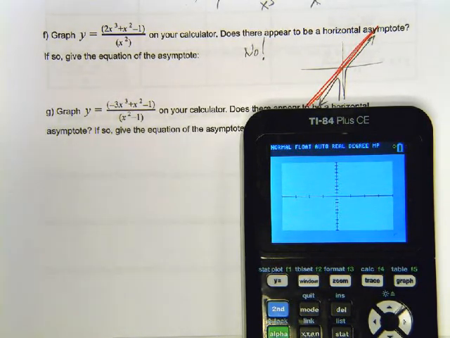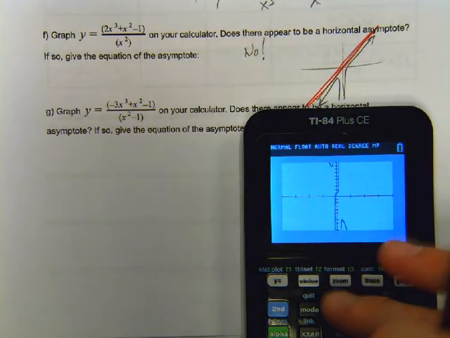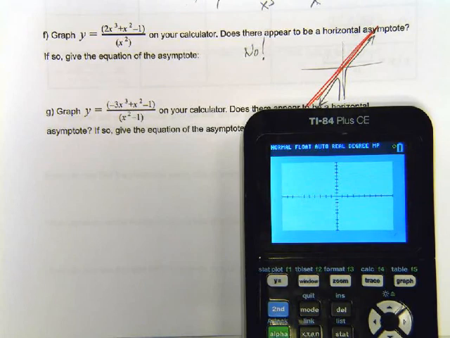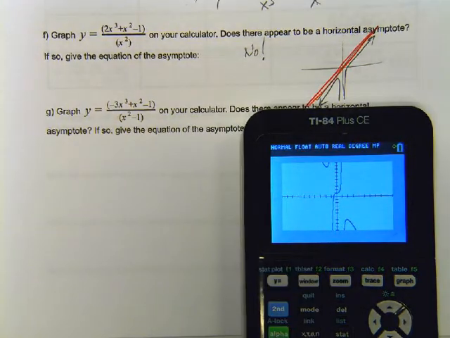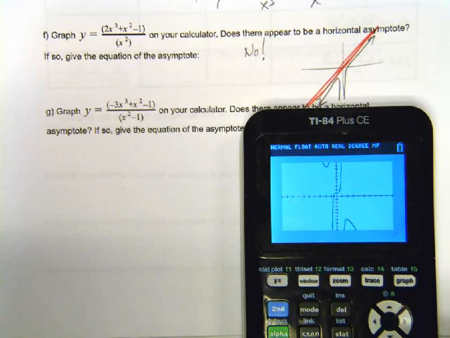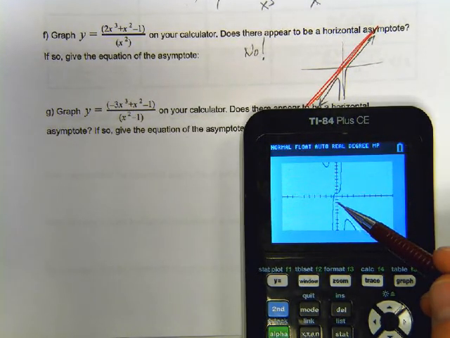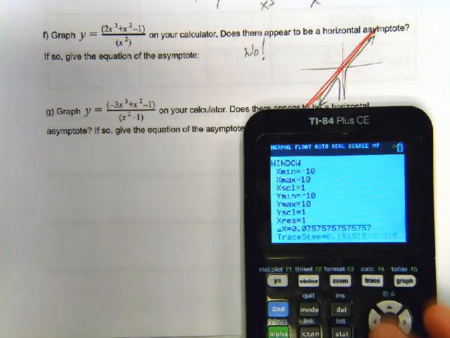Oh, you know what? I think I need to reset my window. Zoom 6. You know what I'm going to do? Instead of increasing the X, I'm going to change this window and I'm going to increase the Y. So negative 30 to positive 30. Let's see if that helps us see it.